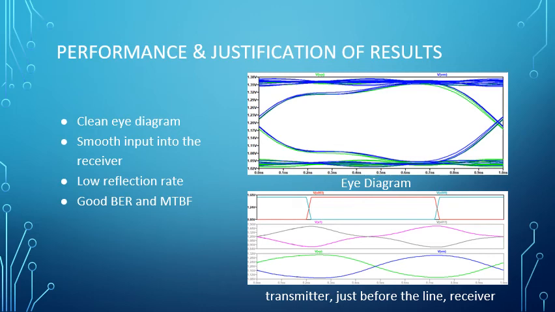Because our design is in a homogeneous medium, we have a low reflection rate. However, this does not mean we have no reflection at all. It does mean that on the far end, since it's a homogeneous medium, the reflection is negligible and can be considered zero. We also noticed that we had a good bit error rate and mean time between failures.